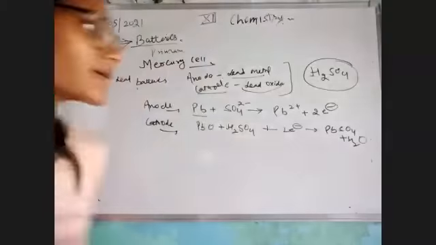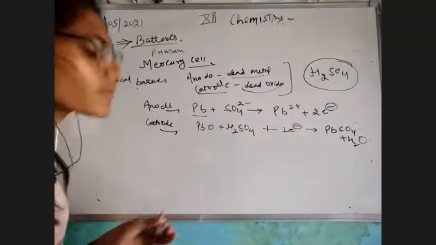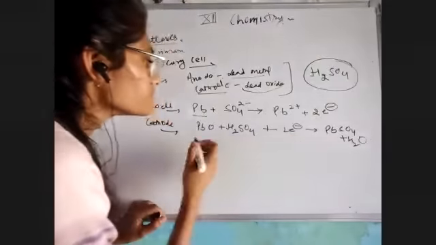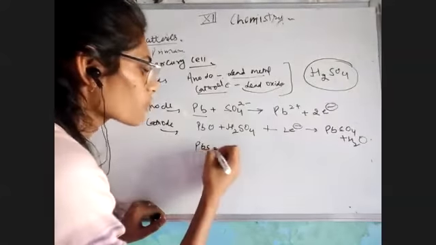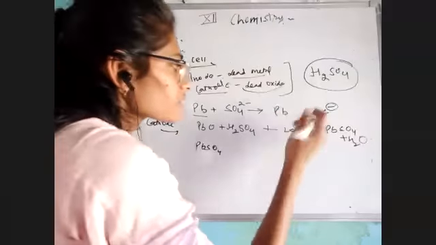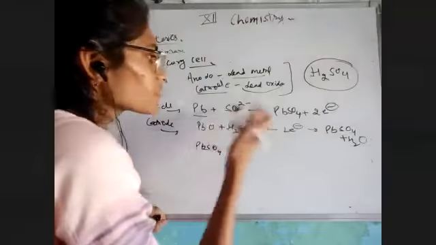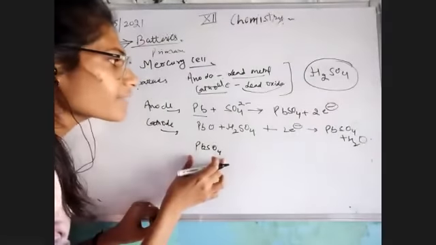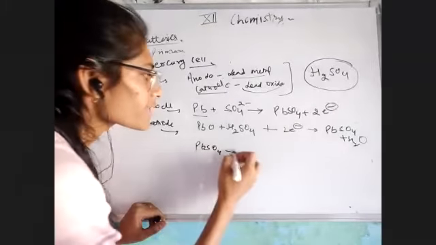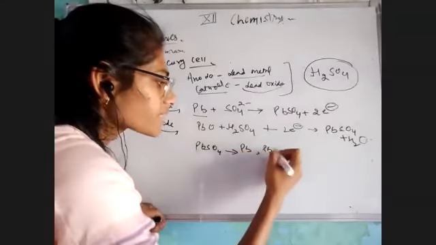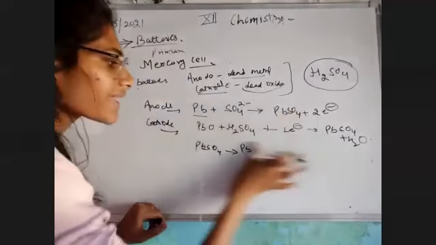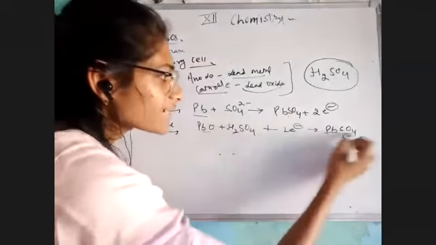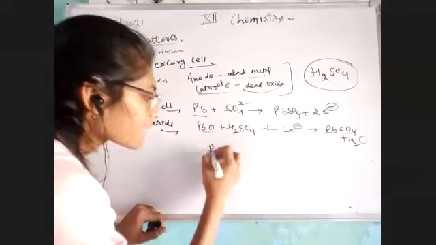So when we reverse the direction of current, the lead sulfate which has been formed, lead plus sulfate having become lead sulfate, is now converted into lead and lead oxide. That means my reaction was lead to lead sulfate and lead oxide to lead sulfate. This is now reversed.